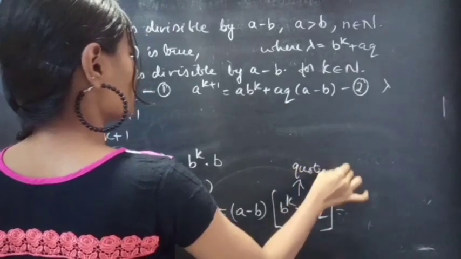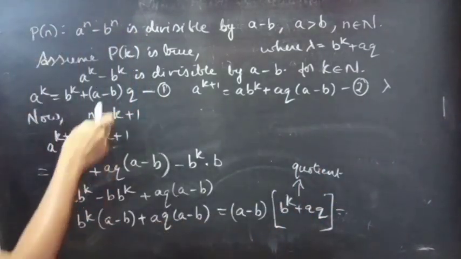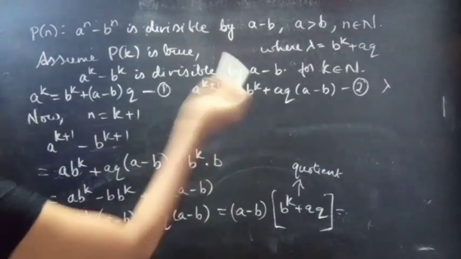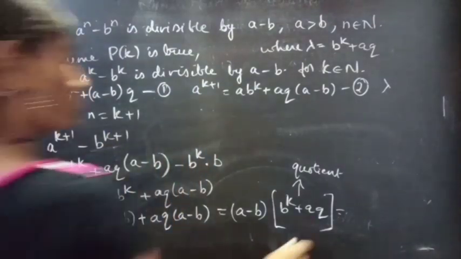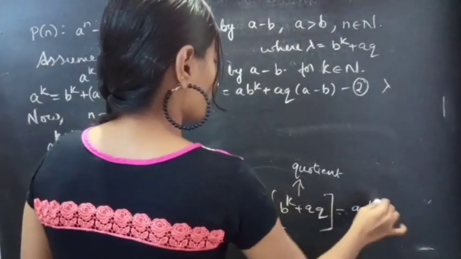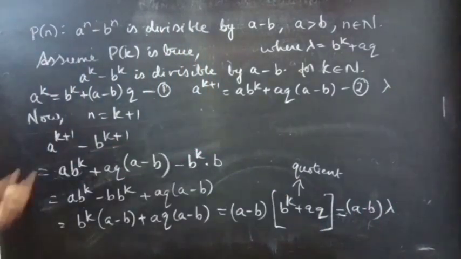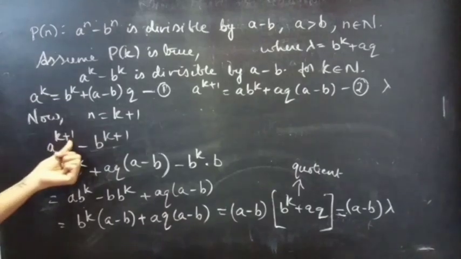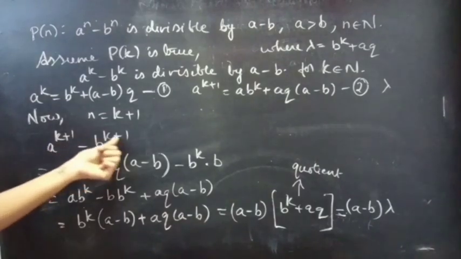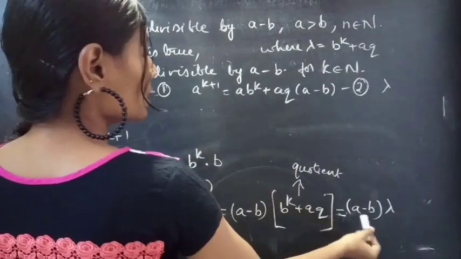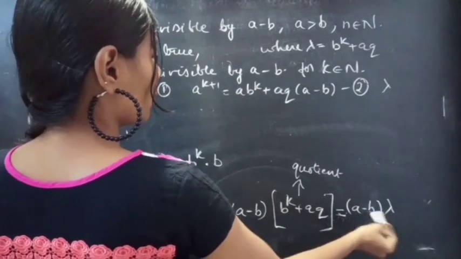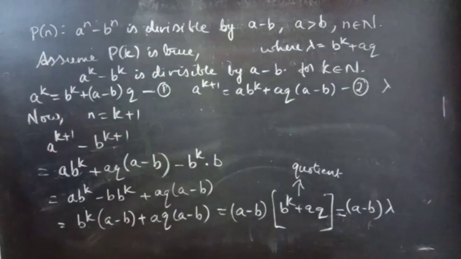We'll get the same thing by using either 1 or 2. A minus b into lambda. So here we have a power k plus 1 minus b power k plus 1 equals a multiple of a minus b with some quotient lambda, right?